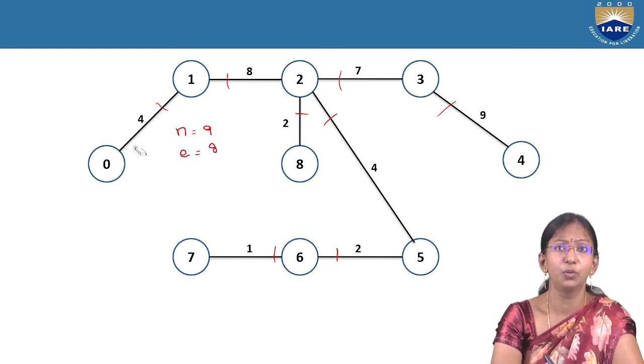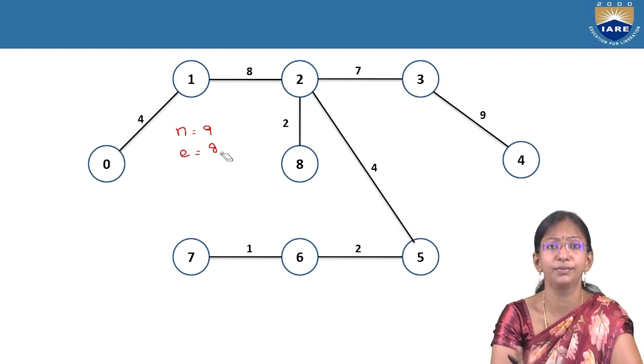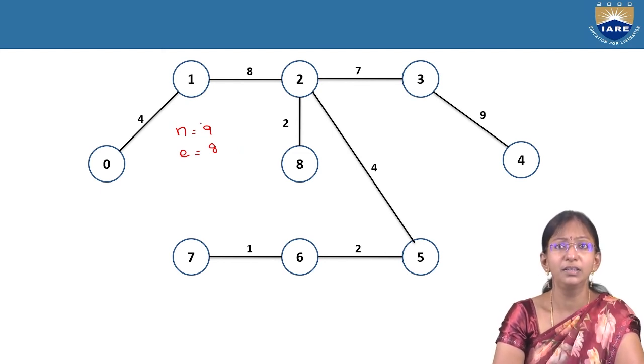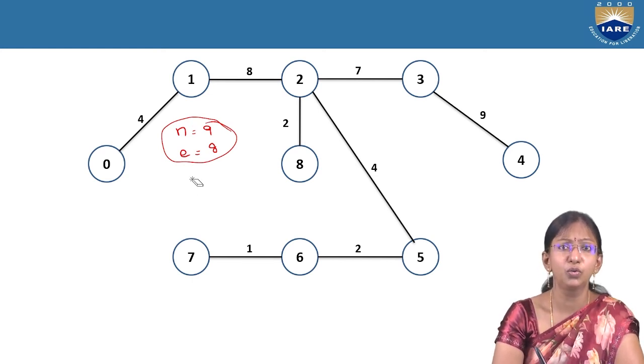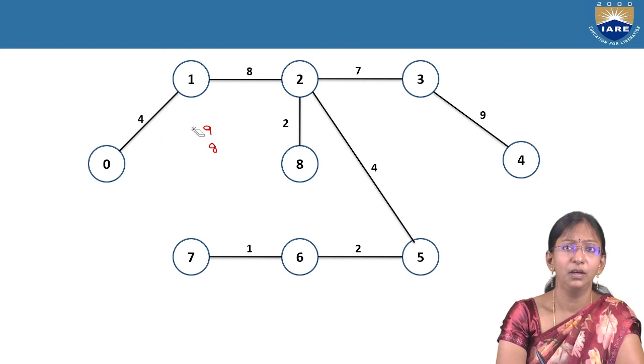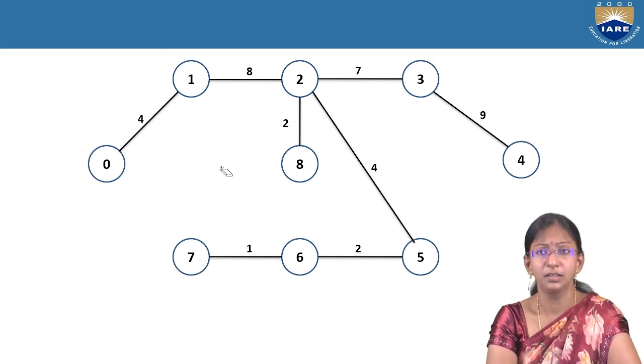Our basic requirement is that if a graph has n nodes, then the number of edges will be 1 less than the number of nodes, which is achieved. So this is the final minimum spanning tree which you are going to get when we use Kruskal's algorithm. This is the spanning tree.